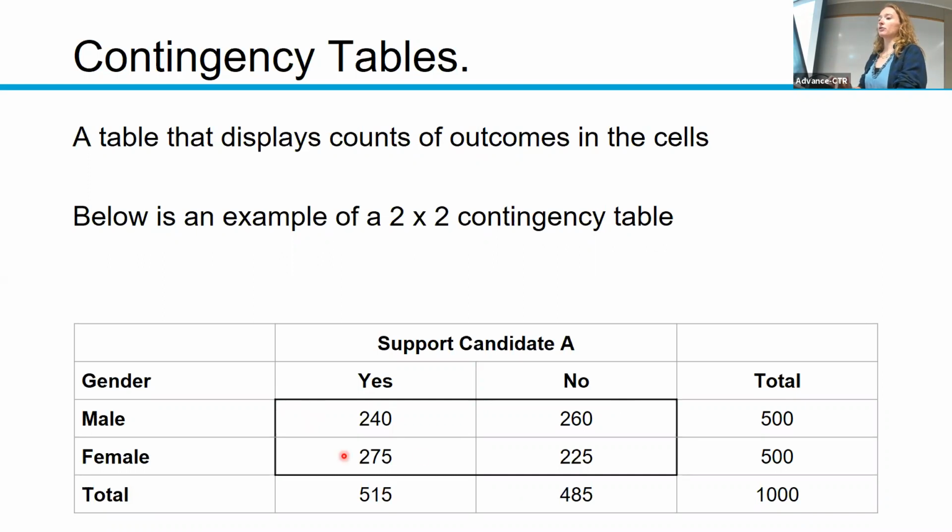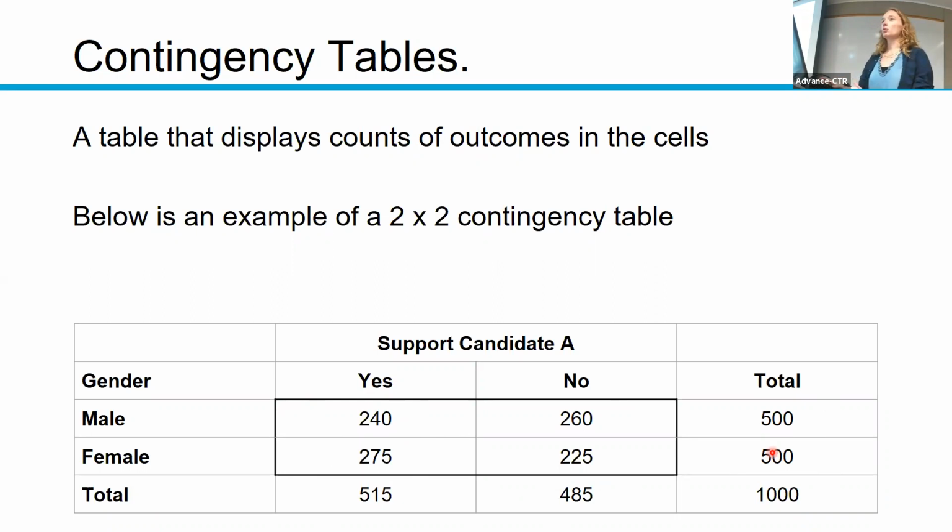So 240 subjects are male and support candidate A. These totals give the total number of subjects who support candidate A, the total number who do not support candidate A, the total number of male subjects, and the total number of female subjects.